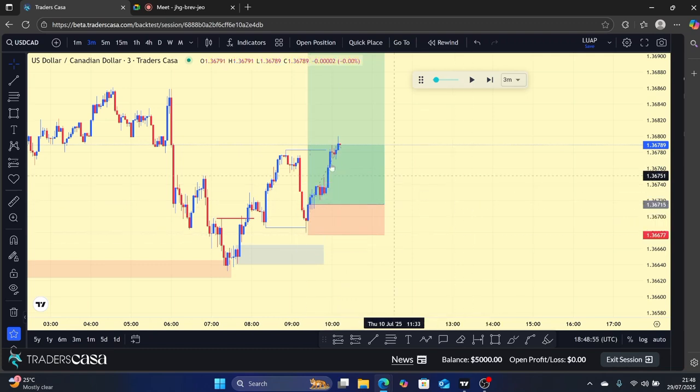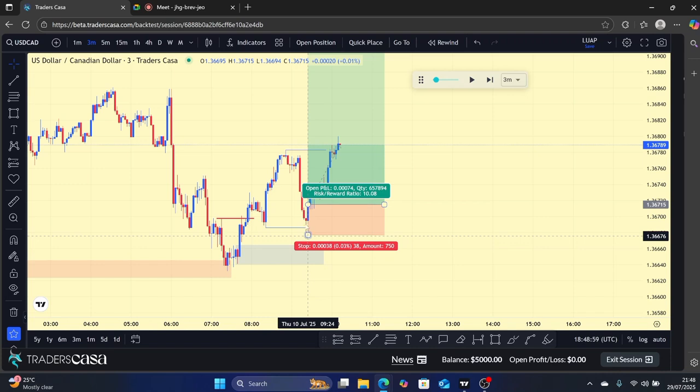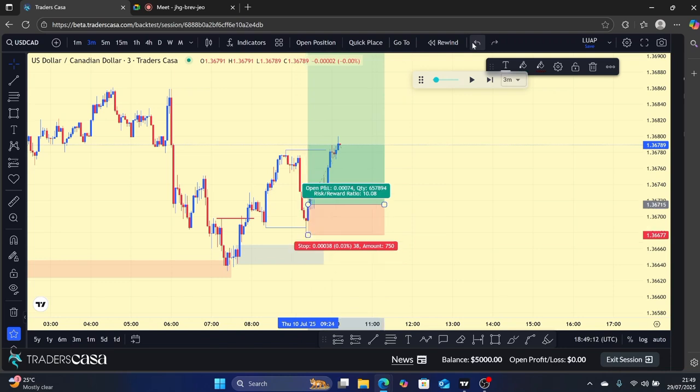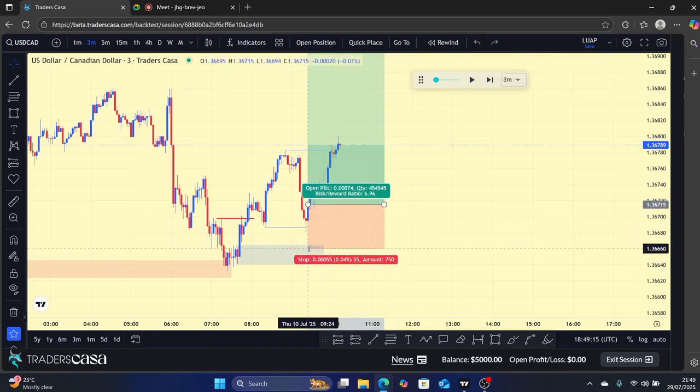But let's say price is approaching this area and my SL is here, and this low of course will now be the major inducement. Let's say price didn't create an inducement after the break of structure. In that case, I will have to extend my stop loss a few pips below, so that I can create room for the sweep of that major inducement.